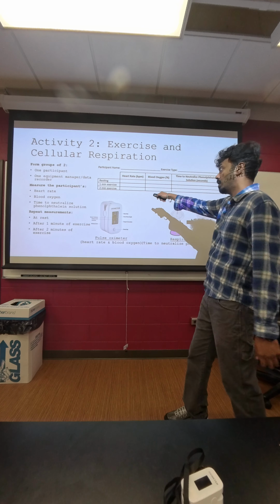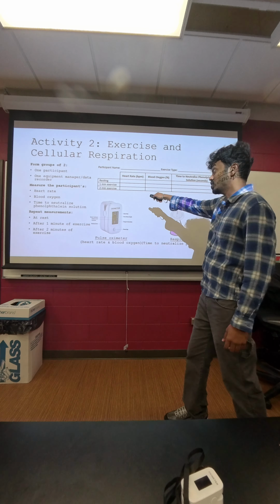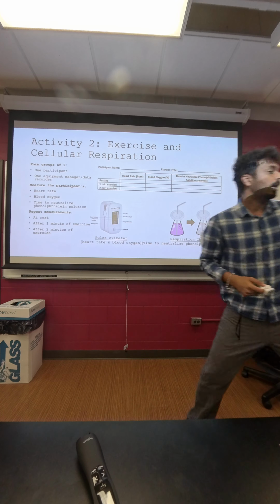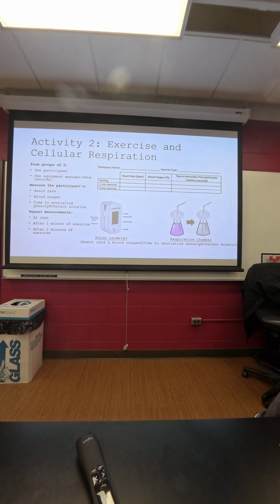For demonstration purposes, I'll start with the resting phase experiment. We already have the phenolphthalein solution with us, and I think we also have the oximeter with us. So here we go. This is the oximeter that we have in here, and we have the respiration chamber with us. To note down the time required for changing the solution from pink color to the colorless solution, we can use a stopwatch.